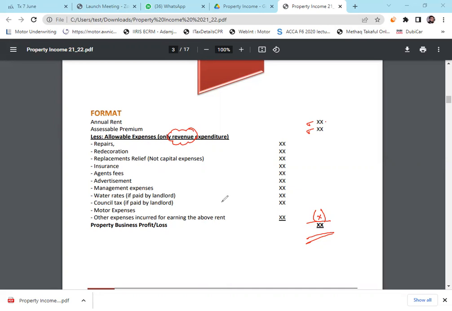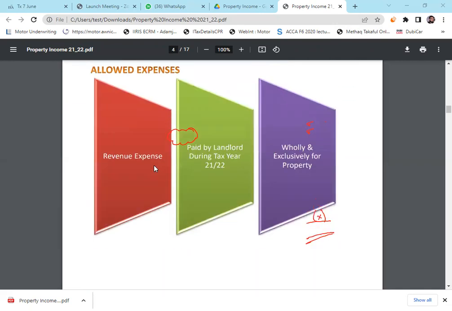If you are purchasing a non-current asset, it's a capital expense. If you are spending money which is bringing you improvement, this is also a capital expense. So first thing is, expense must be revenue expense.